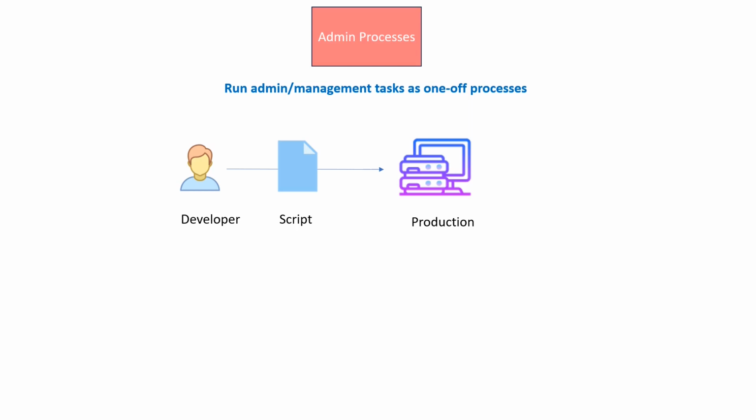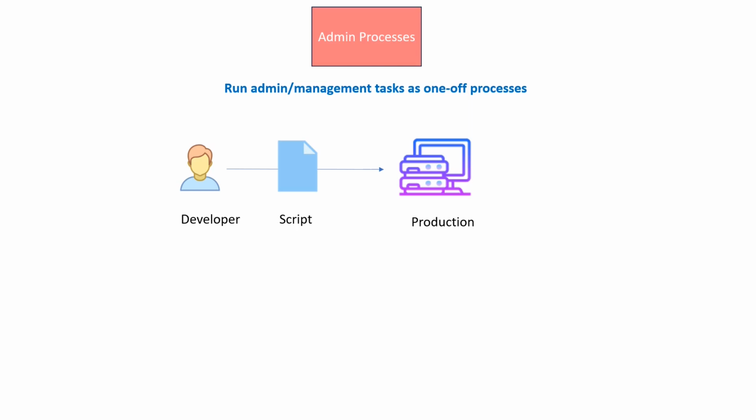Suppose a developer wants to run some configurations before the app is up and running. Those should be part of a script in a repository, and then that can be executed from a prod-like environment.